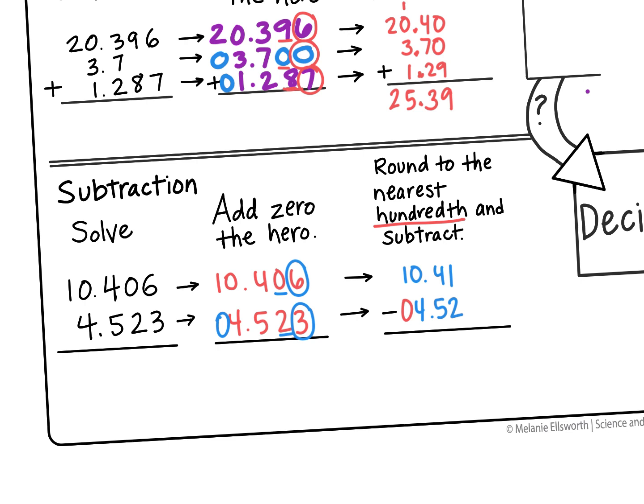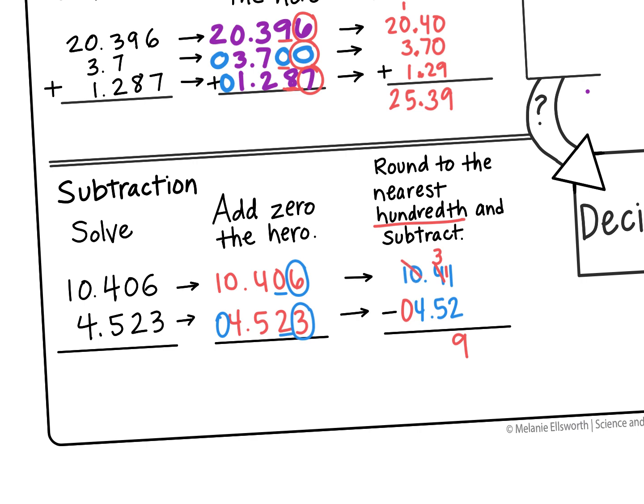Now, this requires some borrowing and regrouping. I can't take 2 from 1, so I've got to borrow from the 4, which leaves me with 3 here, and this becomes 11. So 11 minus 2 is 9. I can't take 5 from 3, so I've got to come over here and borrow. I can't borrow from a 0, so I've got to look at that as a 10.